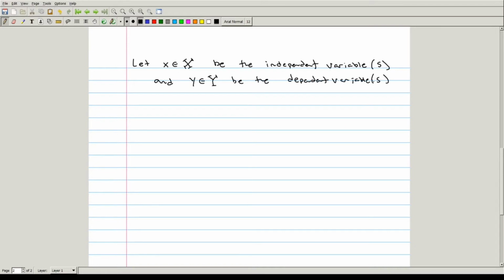Now, being intentionally vague here, x could be a vector, it could be a tensor, it could be just a normal scalar. This set right here, X, we'll call the domain of some function. And the set right here, Y, we'll call the range of some function.